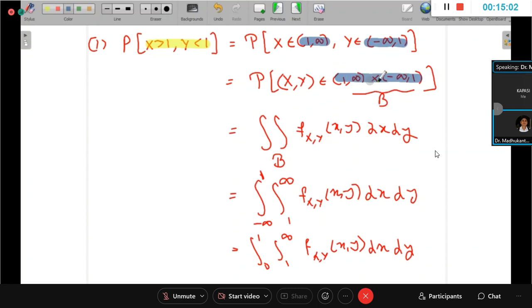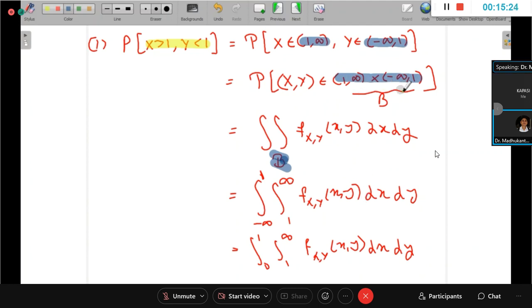So this is the region B over which you are going to integrate. Now you are following the definition here, the double integral over this B of the joint PDF. So you have this joint PDF.